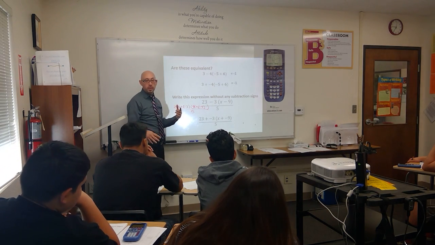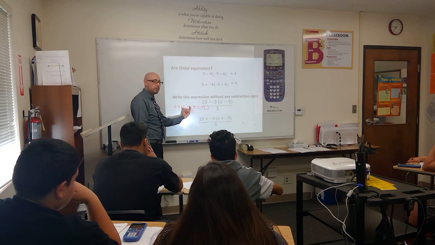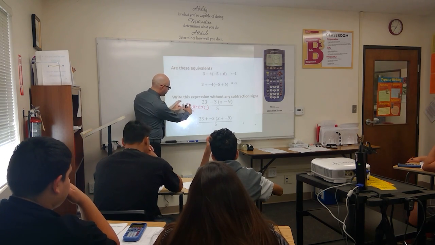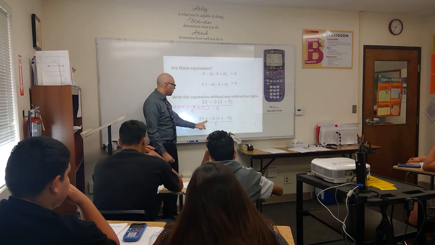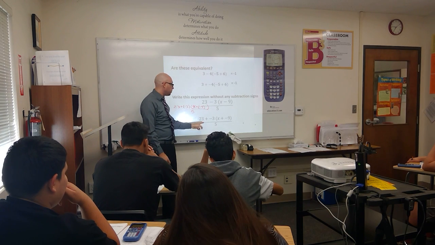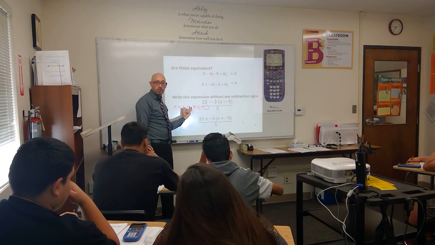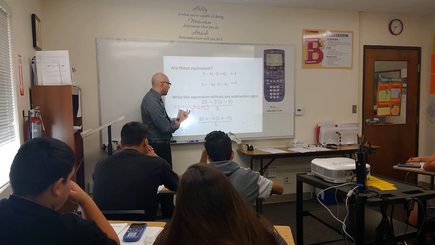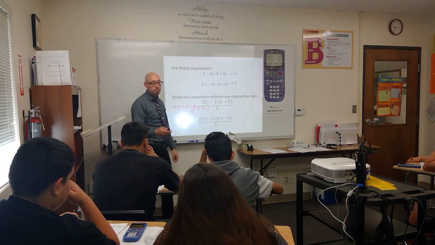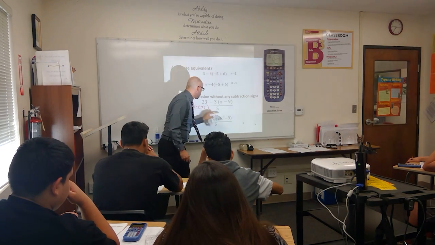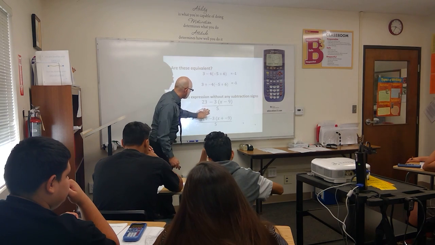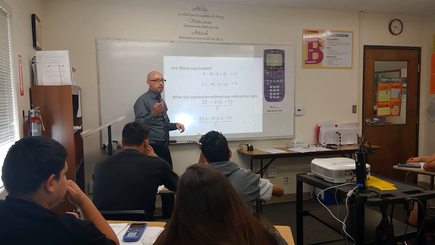I really liked the way that Sammy protected those negatives with the parentheses, because this can get confusing or get entered into the calculator as a plus subtract. But she put the parentheses around it to say that specifically is the -3 and the -9. So there's multiple ways to write it, but it all should come out to the same value.